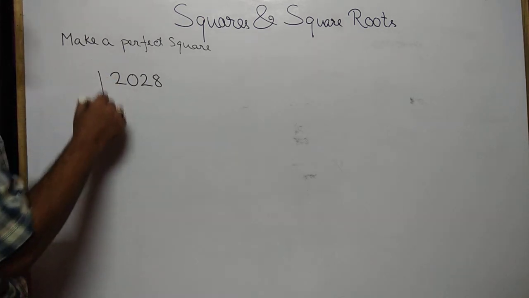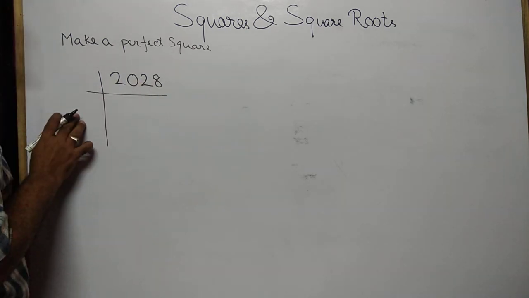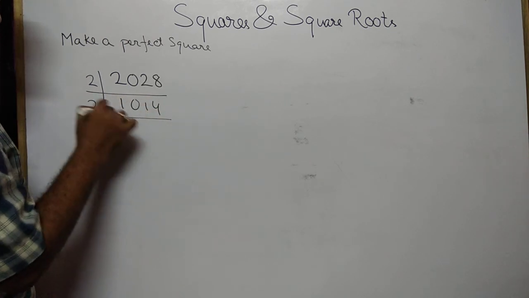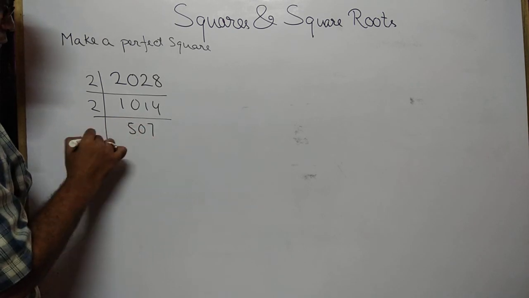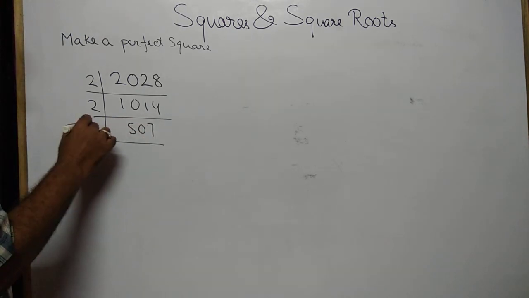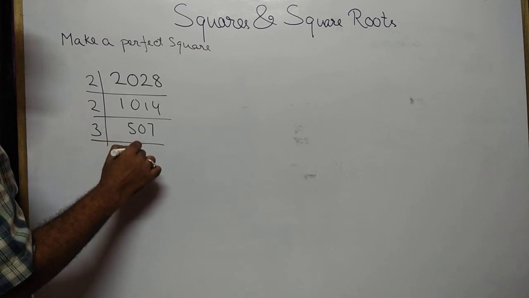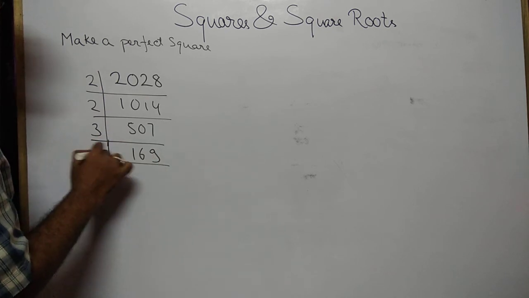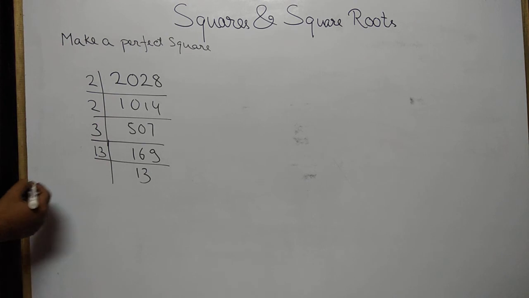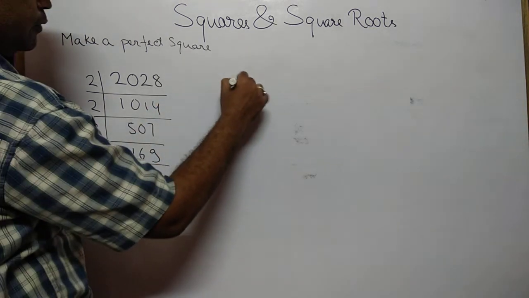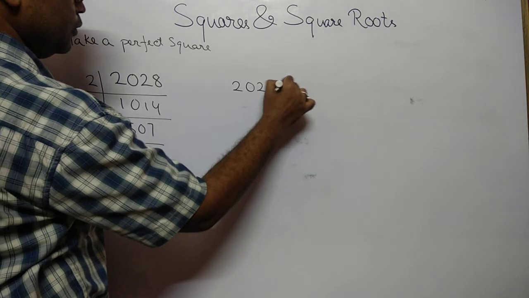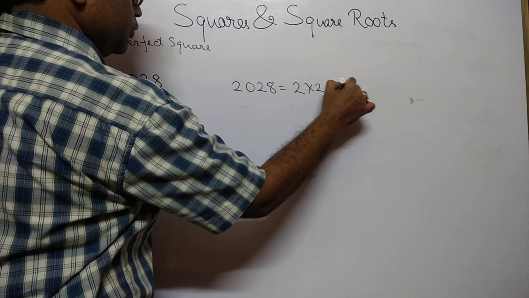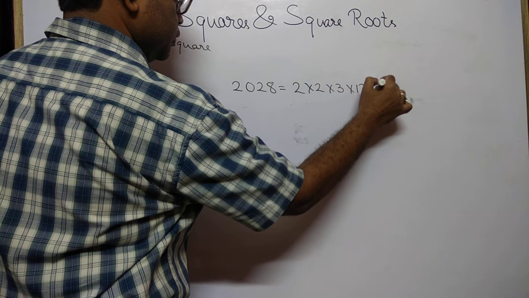So first we try to find out the prime factors of the given number. So for 2028, what we are observing is 2 into 2 into 3 into 13 into 13.